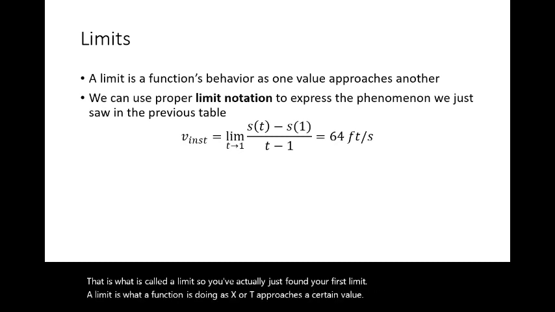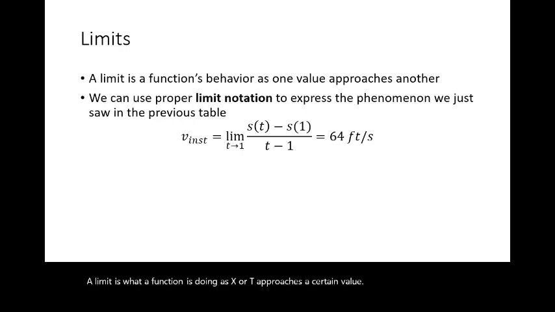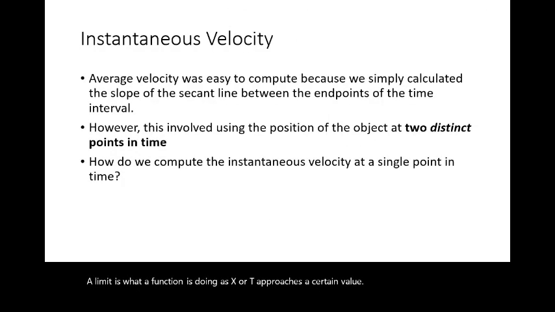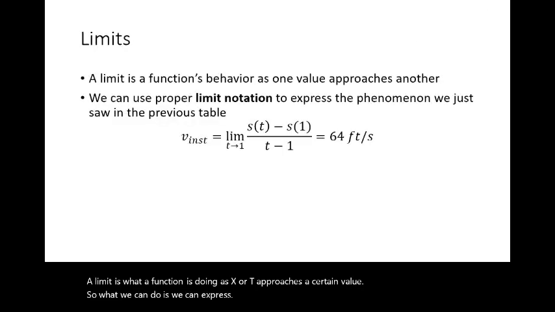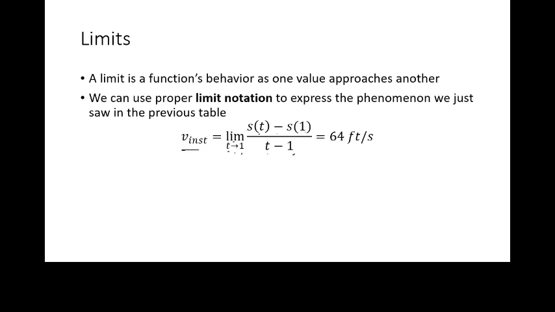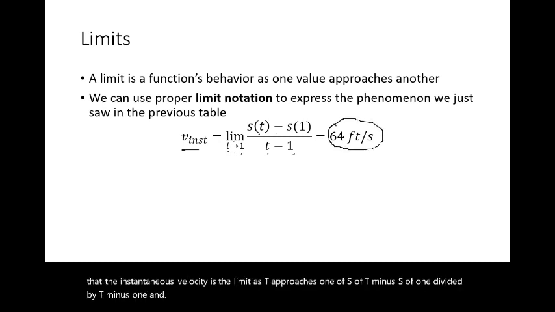So what we can do is we can express this phenomenon formally using what is called limit notation. So we're going to say that the instantaneous velocity is the limit as t approaches 1 of s of t minus s of 1 divided by t minus 1, and that limit is equal to 64 feet per second.